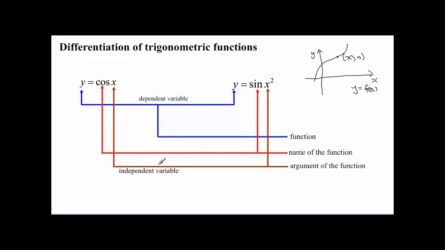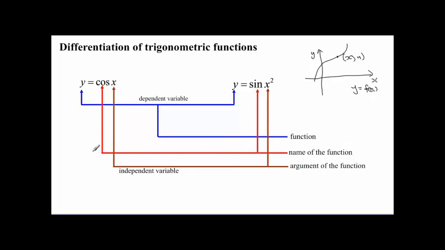But in addition to that, looking at x here, its position with respect to the function, in this case cosine, we are also going to call the argument of the function.